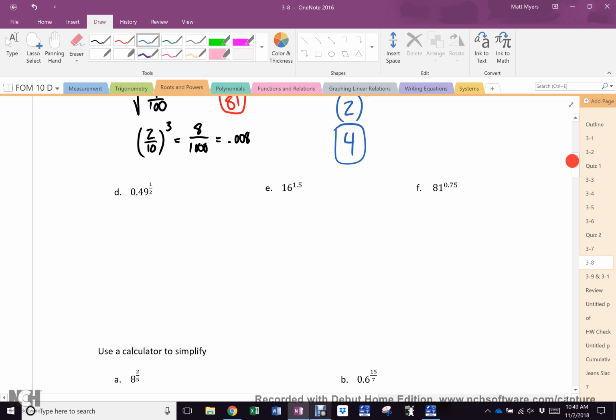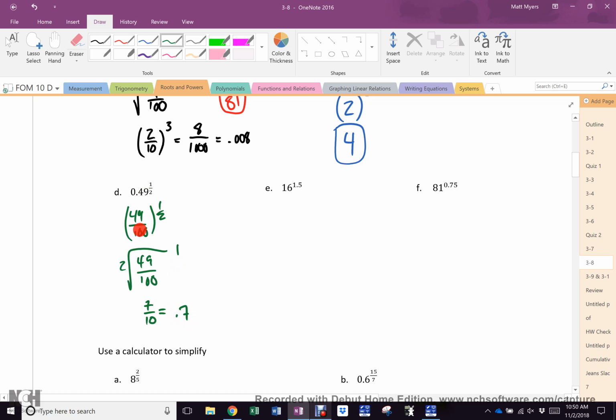Everybody ready? What about D bothers you? Decimal, but we know how to fix that, don't we? What is it? 49 over 100 to the 1/2, which is 49 over 100 square root to the 1st power. What's the square root of 49 over 100? 7 over 10. Question's in decimals, so what should my answer be? Which is 0.7.